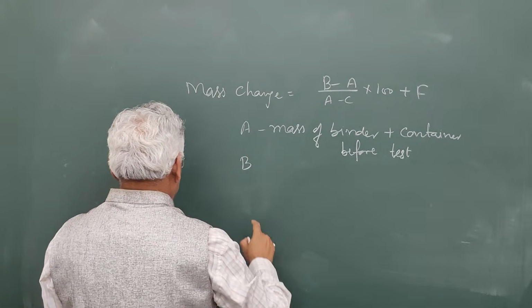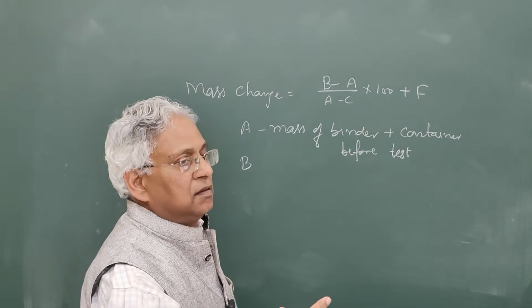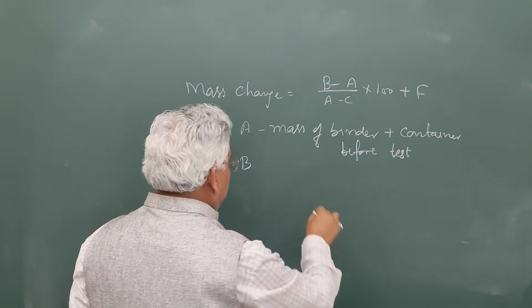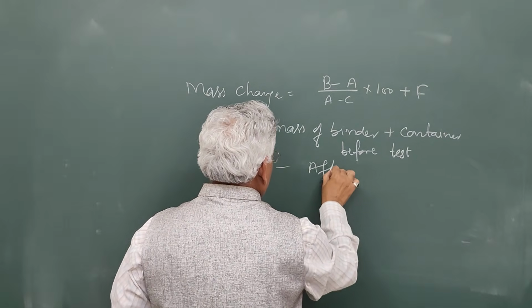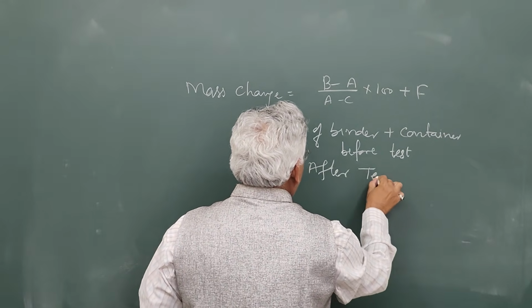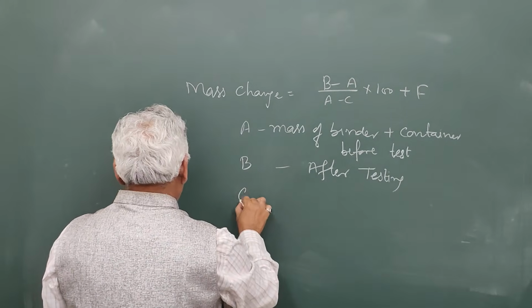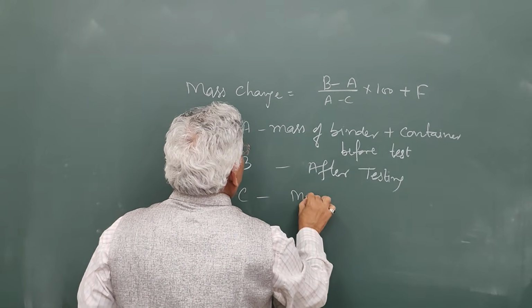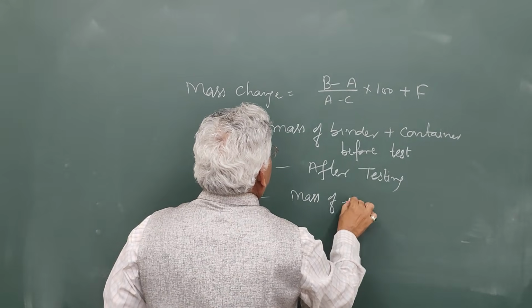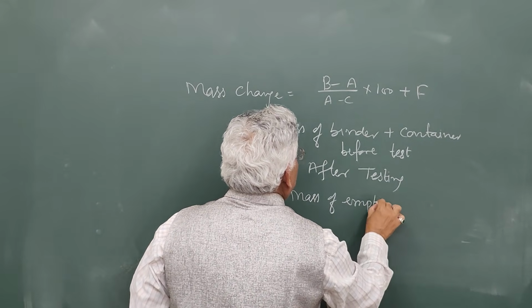B is the mass of container plus binder after testing, after conditioning, and C is the mass of the empty container.